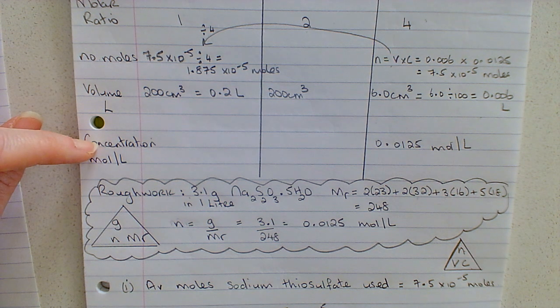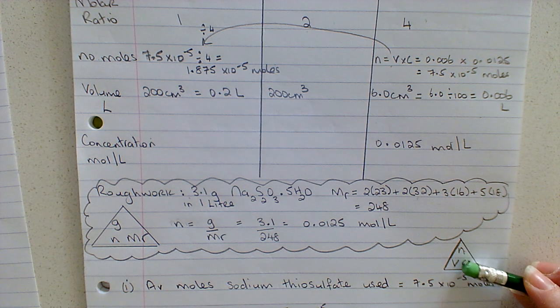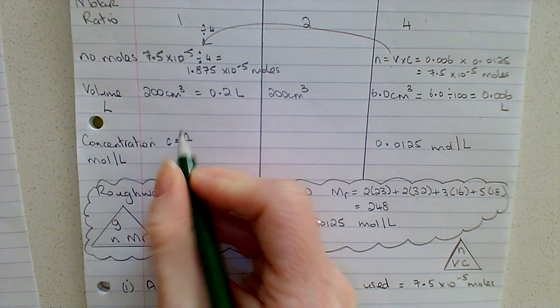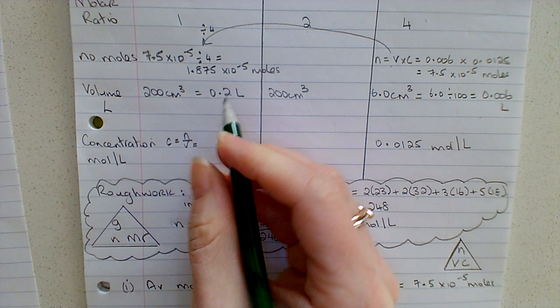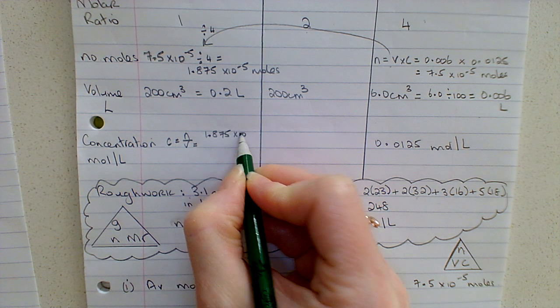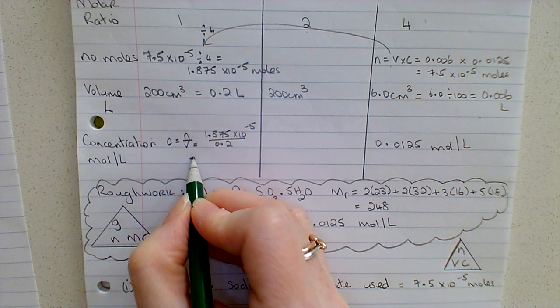To work out concentration, again I use my not very complicated triangle. To find concentration, it's number of moles divided by volume. So for us, it's 1.875 by 10 to the minus 5 divided by 0.2 litres.